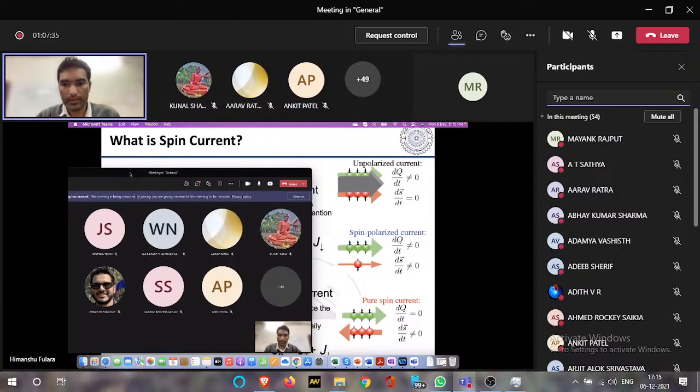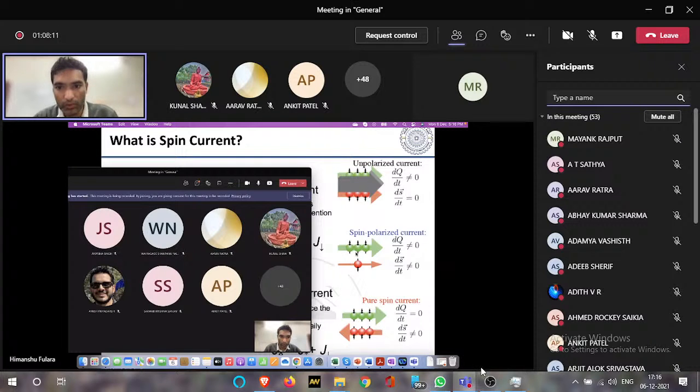So you see, this is unpolarized current, meaning a charge current. Unpolarized means it is unpolarized with respect to spins. So unpolarized current has zero spin current, but it has a non-zero charge current. Now, by certain methods, and I will tell you what those methods are, you can change the balance of these spins.